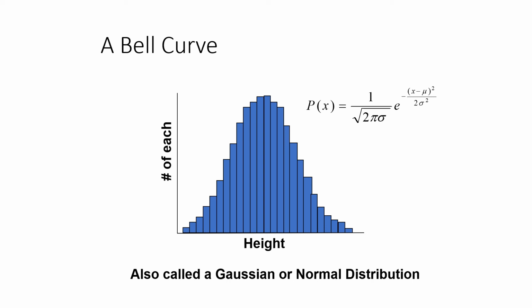The equation describing the bell curve is given in the top right. It's a probability curve where P is probability, and it's of the form e to the minus x squared. And you can see that it has some variables. There's the x squared.